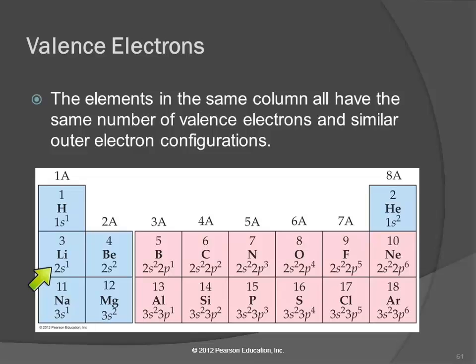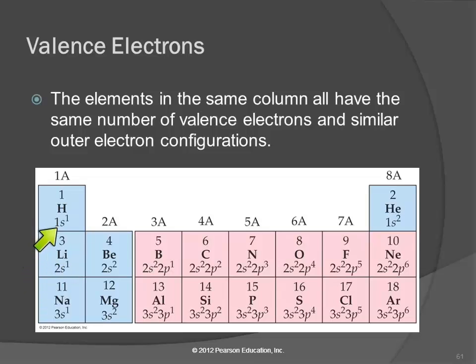You could also think of these as the noble gas shorthand, where this would be helium plus whatever is listed here, and this would be helium plus that, and this would be helium plus this. The core electrons are the ones in the previous level, and these are the outer, the valence electrons.